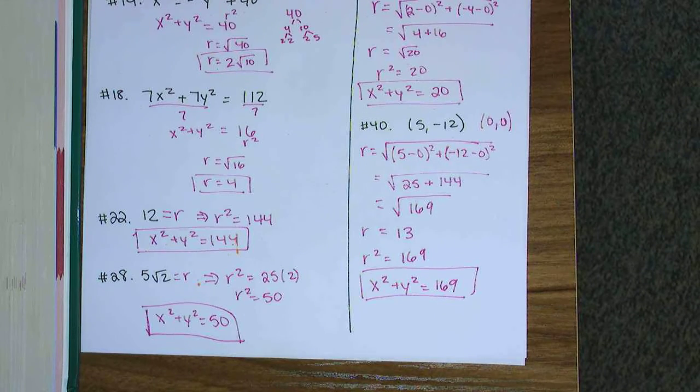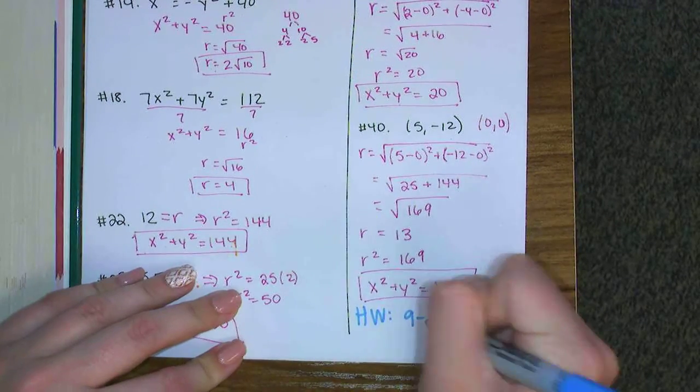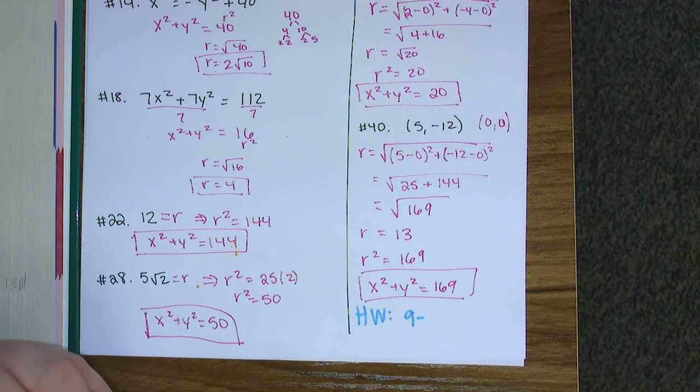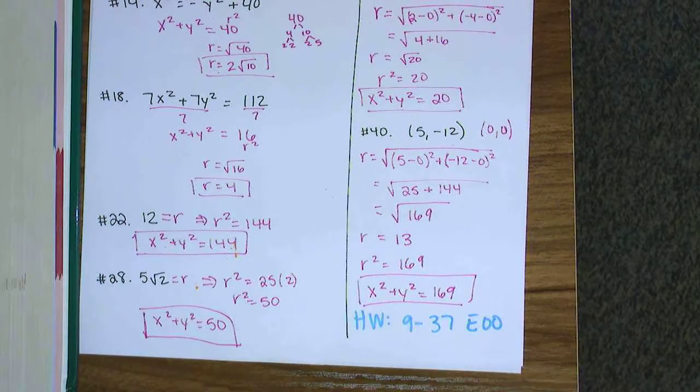Nine through 37, every other odd. And this homework shouldn't take you a super long time.